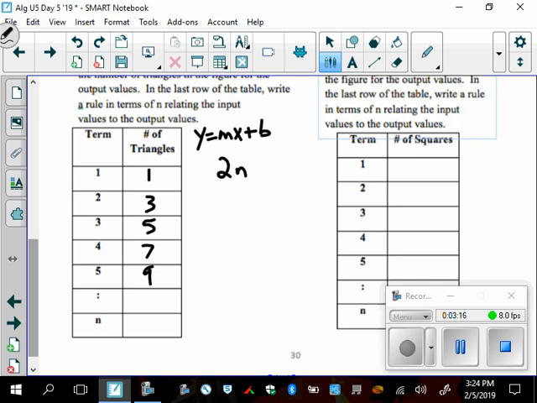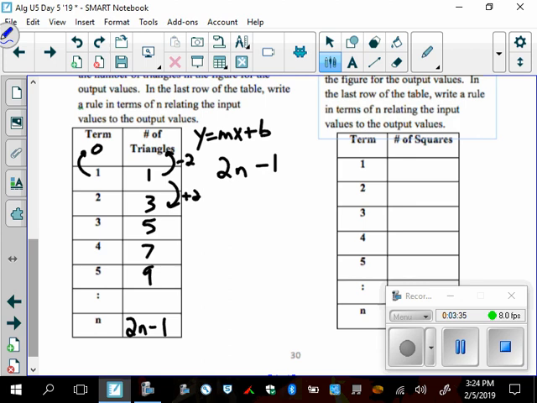And my y-intercept, if I went backwards, so instead of adding 2 I subtract 2, I would get minus 1. So they call this a rule, 2n minus 1.